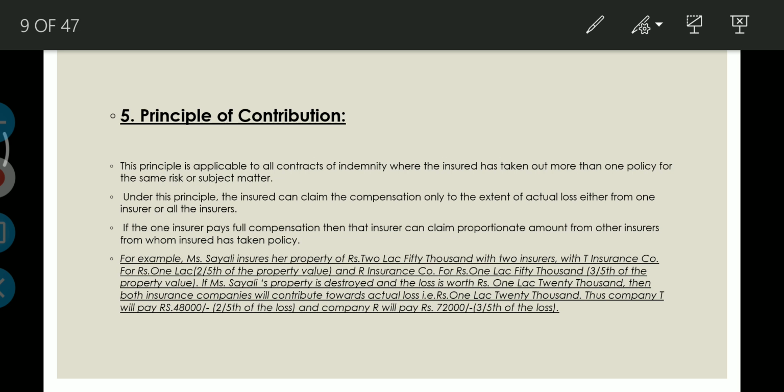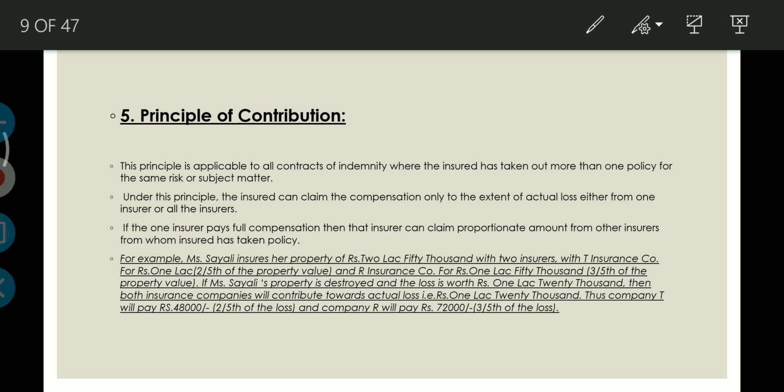Now if Miss Sayali's property is destroyed and the loss is worth rupees 1,20,000, then both the insurance companies will contribute towards the actual loss, that is 1,20,000, and divide it in the ratio of 2/5 and 3/5 respectively. That will be 48,000 and 72,000 respectively.